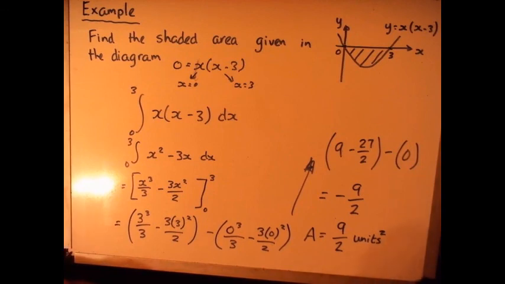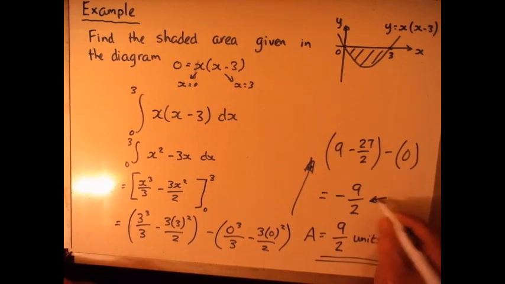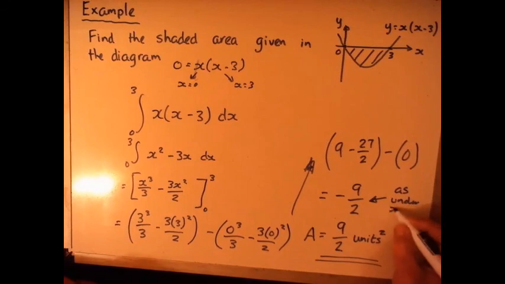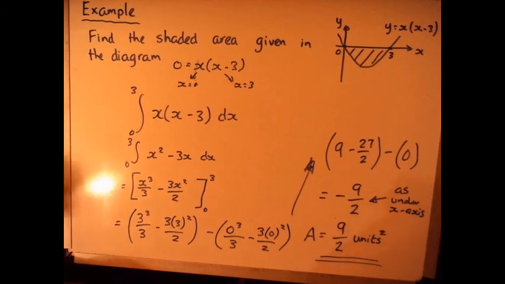Don't know what my units are, don't know if they're centimetres, but we get that. And a nice thing might be just to say here, as under x-axis, so we explain why we know we got a negative answer. So that's how we deal with an example where the area lies under the x-axis.